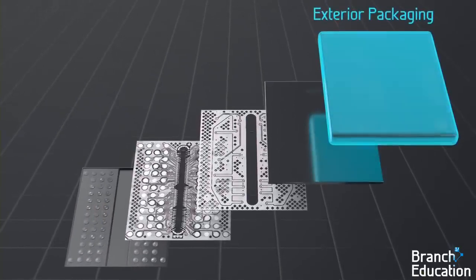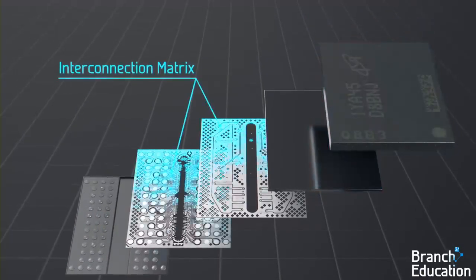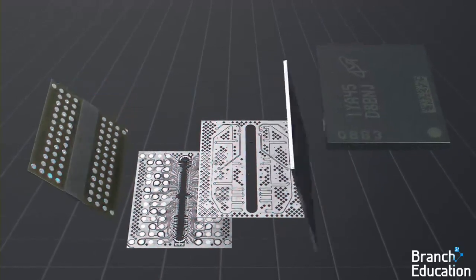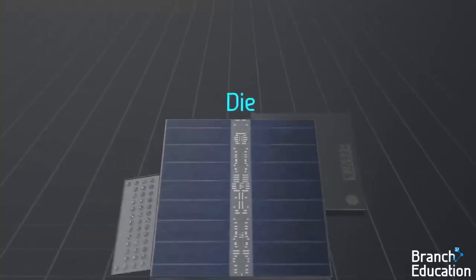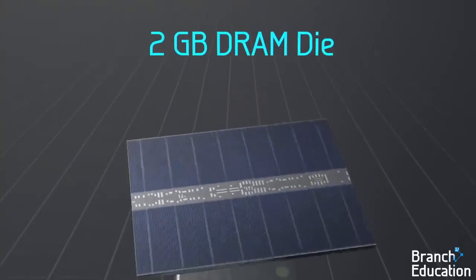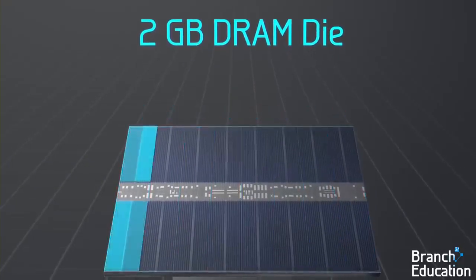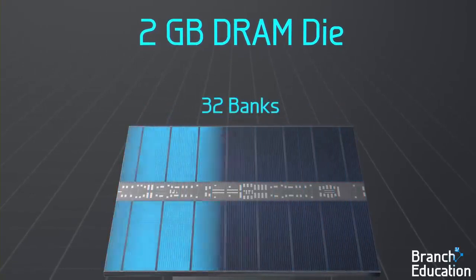Inside the exterior packaging, we find an interconnection matrix that connects the ball grid array at the bottom with a die which is the main part of this microchip. This 2 GB DRAM die is organized into 8 bank groups composed of 4 banks each, totaling 32 banks.